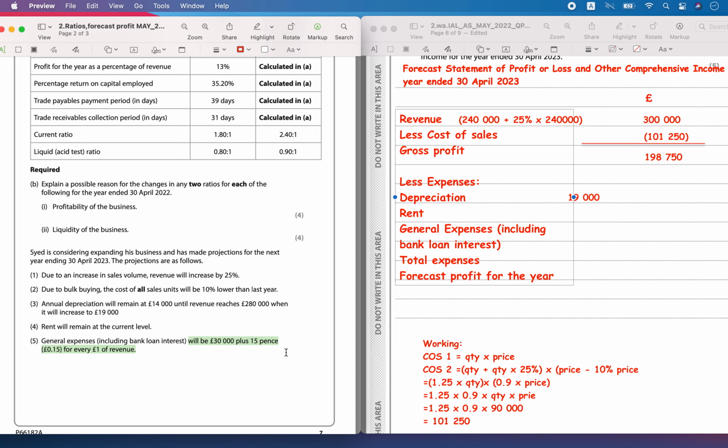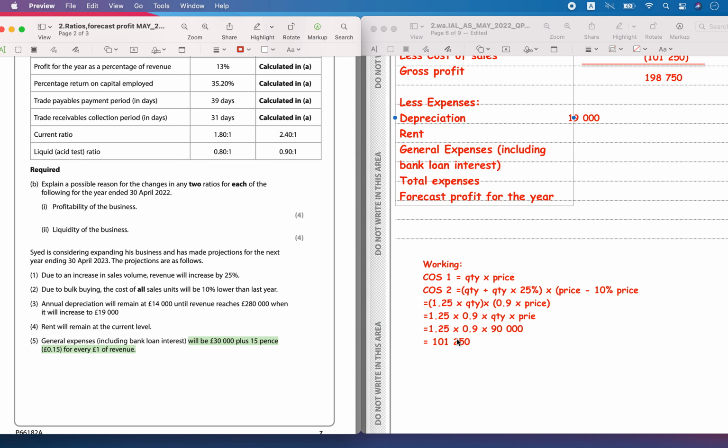Then general expenses including the bank loan interest. This is going to be charged as 30,000 plus 0.15, 15 pence, of revenue. So this is going to be equal to 30,000 plus 0.15 times 240,000. So that value is going to be equal to 30,000 plus 0.15 times 240,000.